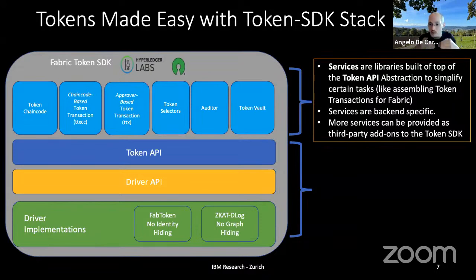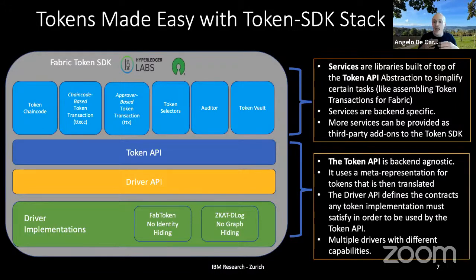These services use the token API directly, and the token API is essentially backend agnostic, and also privacy agnostic. The token API gives you a way to describe operations over tokens and nothing else.